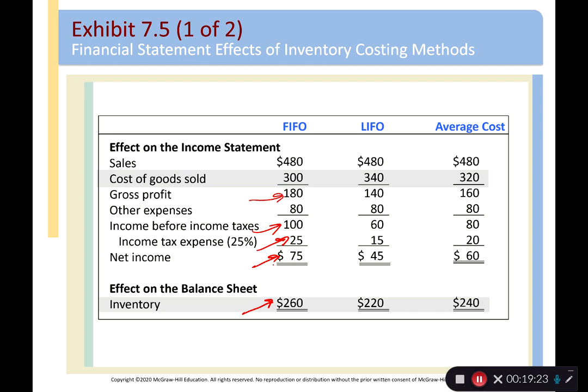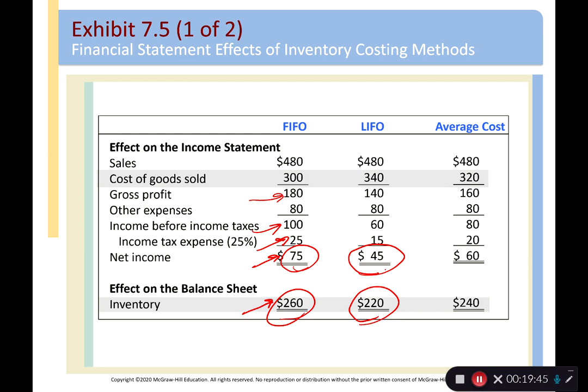You could see that FIFO, in our example, makes this company look far better. It has a higher income at 75 and a larger amount of assets left on the balance sheet at 260. LIFO makes the company look far worse, only 45 in income and only 220 in assets remaining. Keep in mind, this is the exact same company.